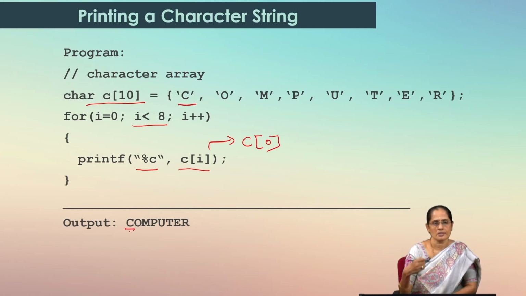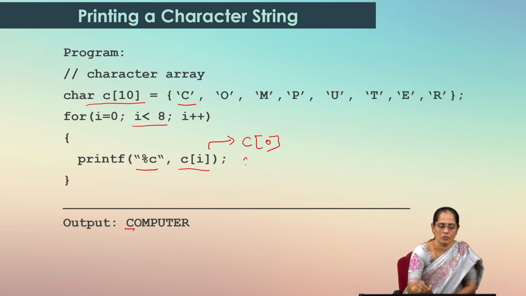Then as the iteration moves on, the value of I gets incremented by 1 on every iteration, so it goes to C of 1, C of 2, C of 3, and on up to C of 7.